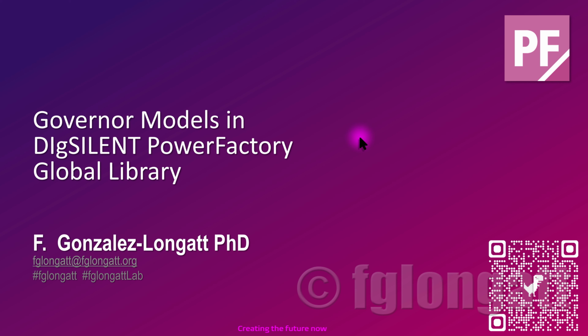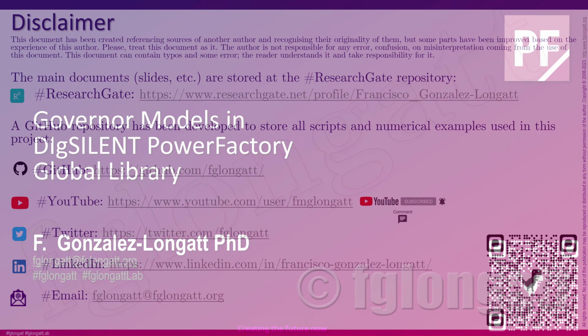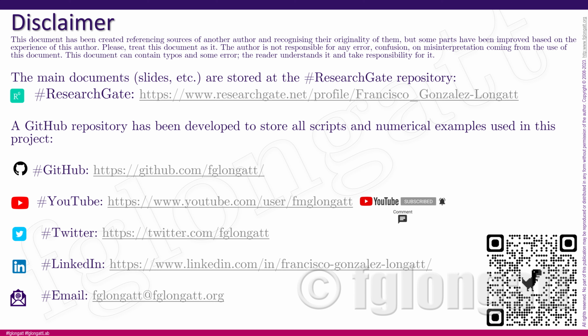So this video is basically for somebody without PowerFactory experience. If you have PowerFactory experience, please go to other videos because this will not be so fun for you, okay? Well, without further details, let me start this video as usual.